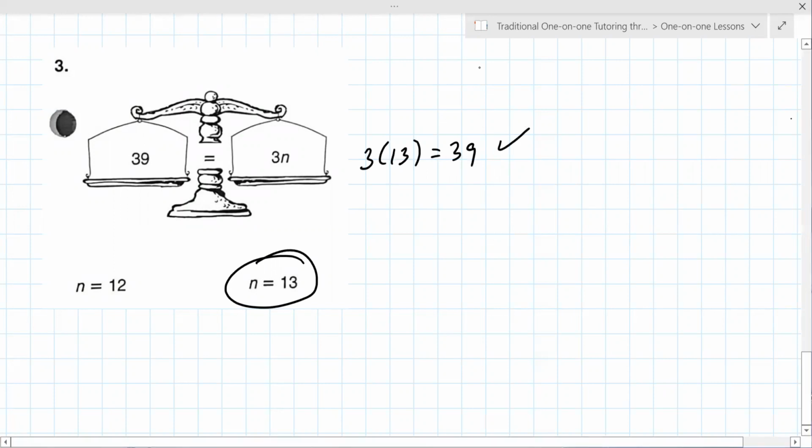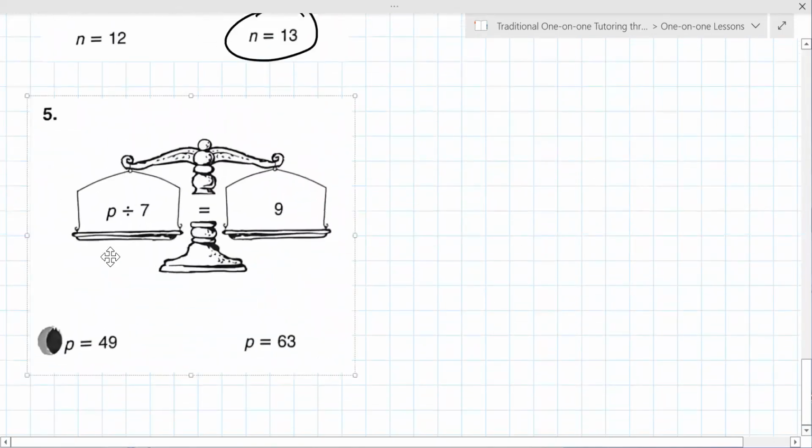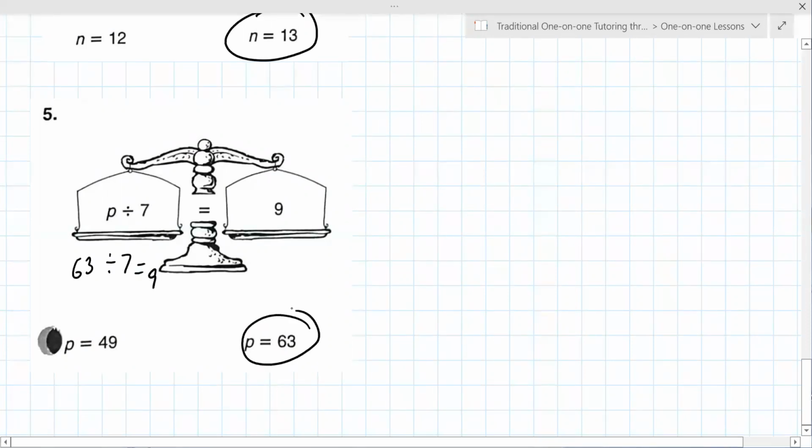And then for number 5, 63 divided by 7, to see if that would work or not. Yeah, it works. That's the right one. Good.